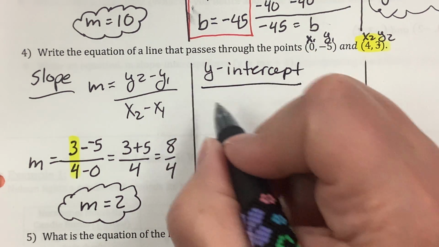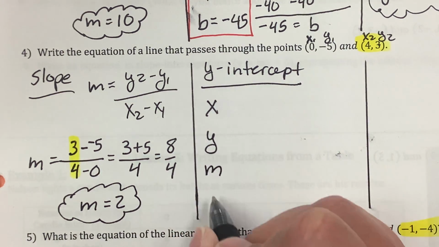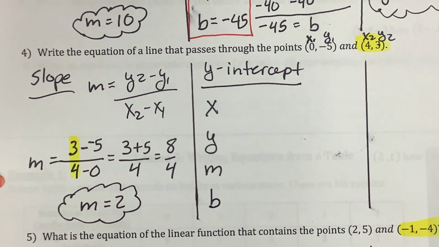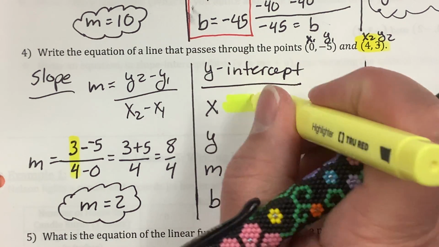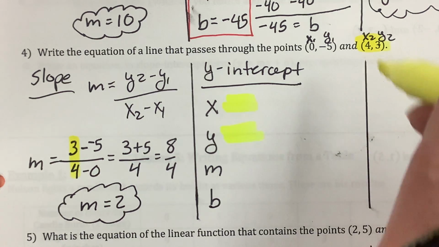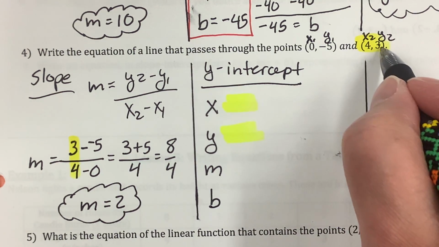And the formula for that is you need the x, you need the y, you need an m, you need a b. And it's me, so I am using the highlighted x and y because it's easier. x is 4, y is 3.